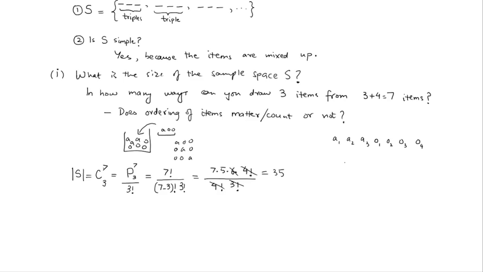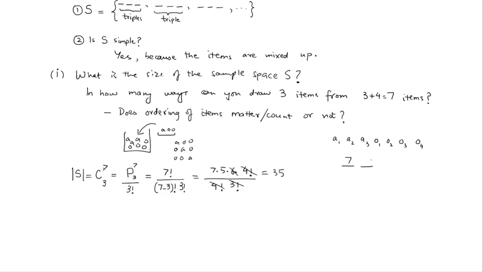Now instead of enumerating all options, let's say the first item that I have, I'm going to pick 3, but the first one that I have, that can be selected from 7 options. So I have 7 options over here.